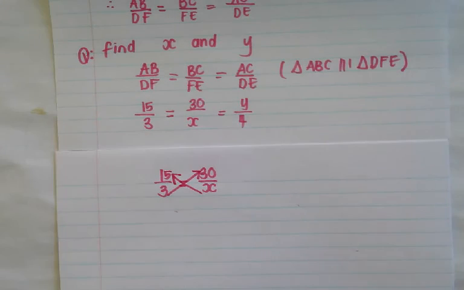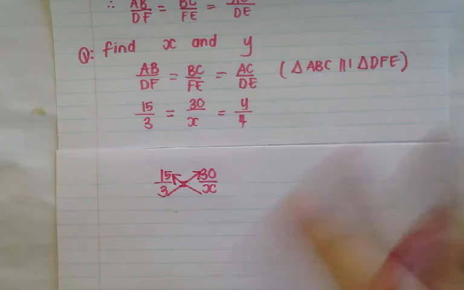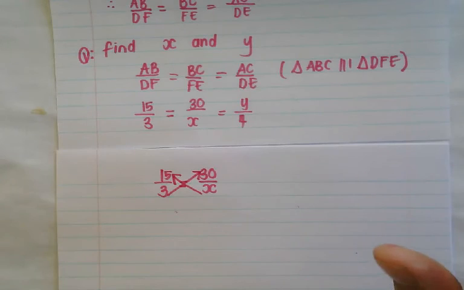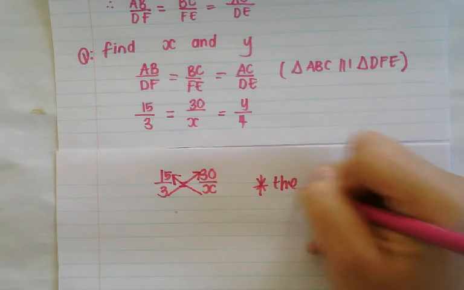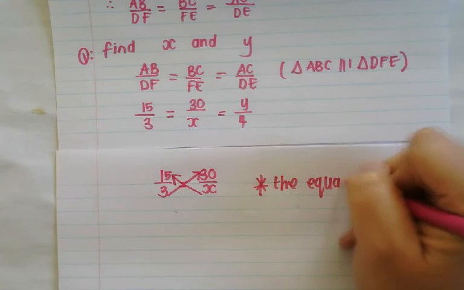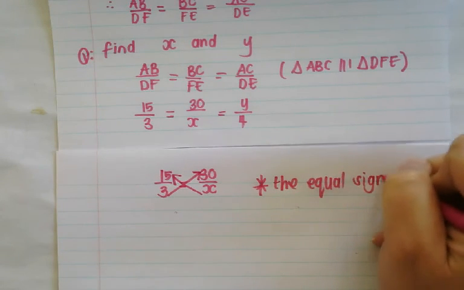But if there's no equal sign between these fractions, so if there's a plus, a minus, a times, or a divide, you cannot do this. It is only if there's an equal sign. So very important, the equal sign between the fractions allows us to cross multiply.